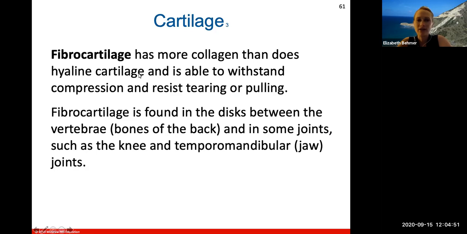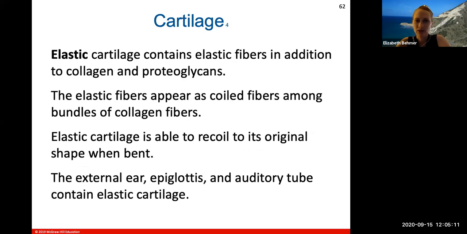So fibrocartilage is found in the discs between your vertebrae and also in some joints such as the knee. Fibrocartilage pads are found also between the femur and the tibia to help provide some protection against compression. It's also found in your jaw, your temporomandibular joint. So that's fibrocartilage.